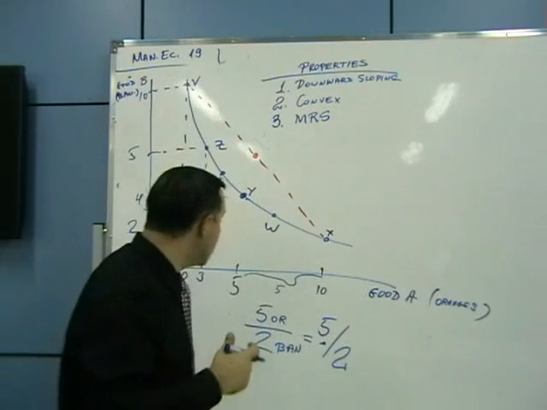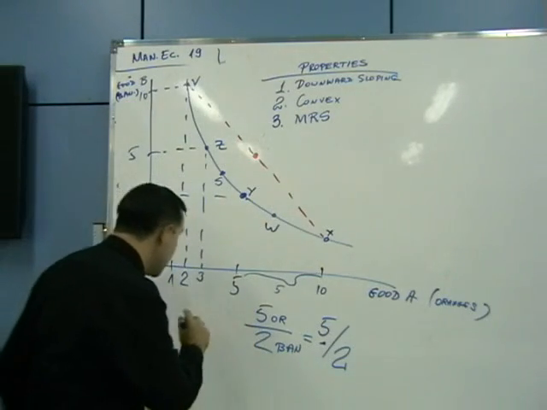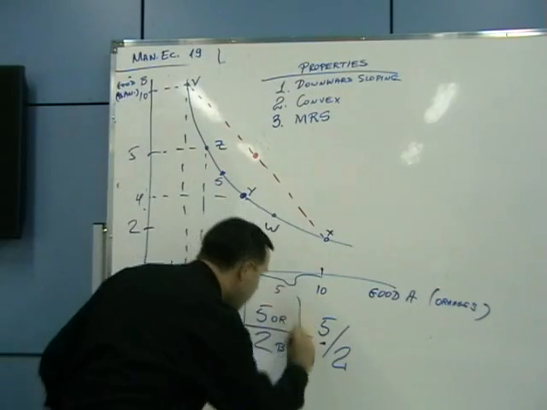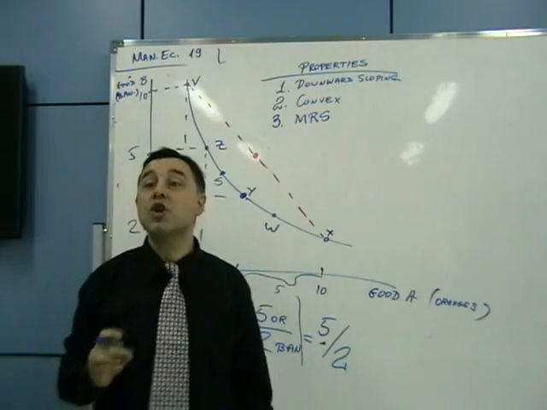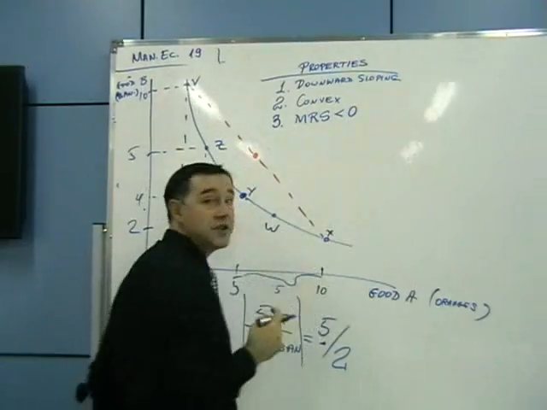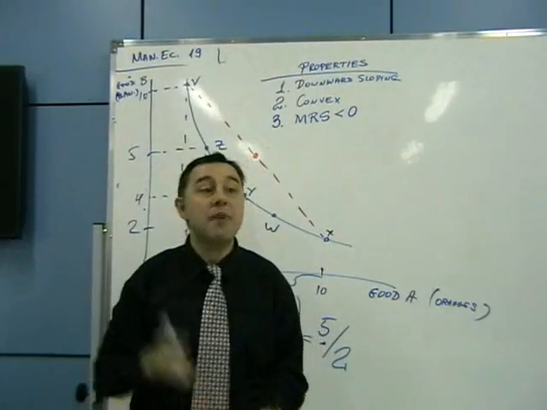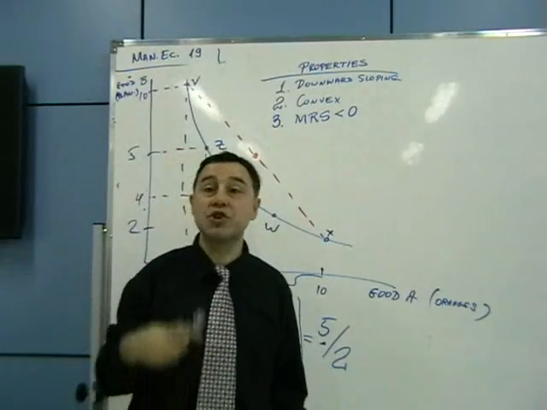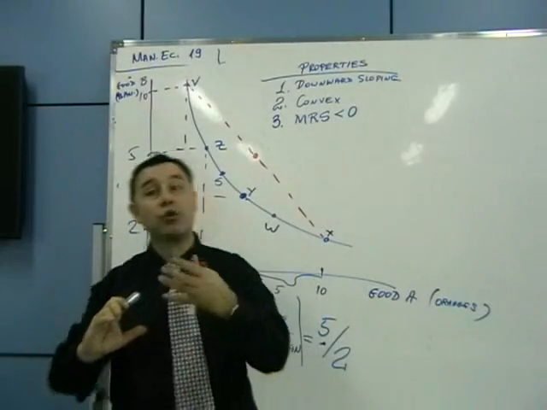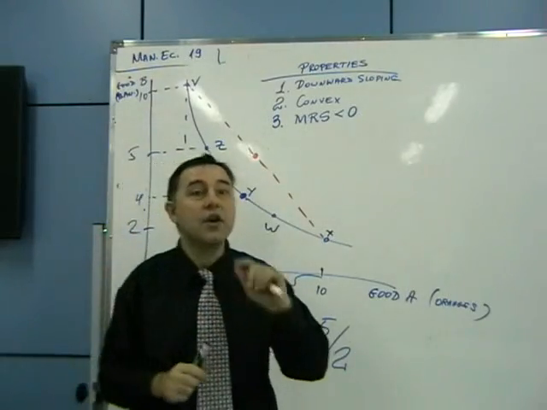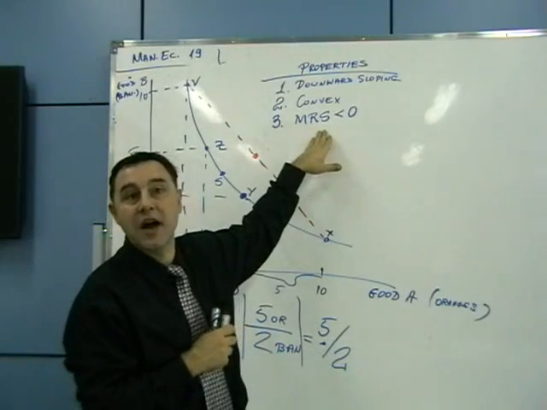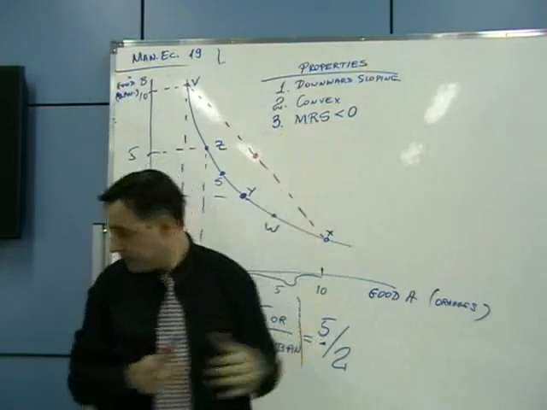So, a lot of times, for marginal rate of substitution, we will actually use the modulus. Without a modulus, we simply say that marginal rate of substitution is negative. But when they say marginal rate of substitution is 2, they definitely mean minus 2 of the one for one of the other. Good. Alright? So, for marginal rate of substitution, you have to be careful with the sign, but it is always negative.